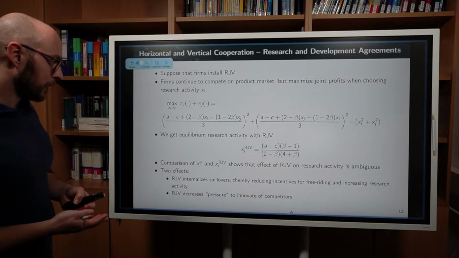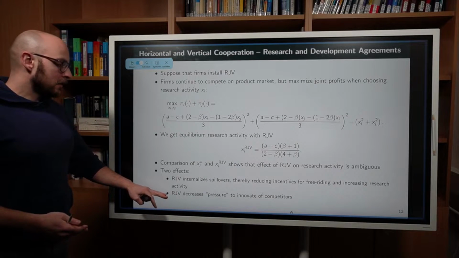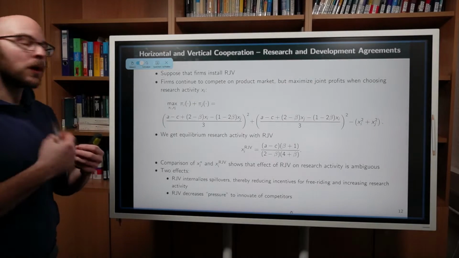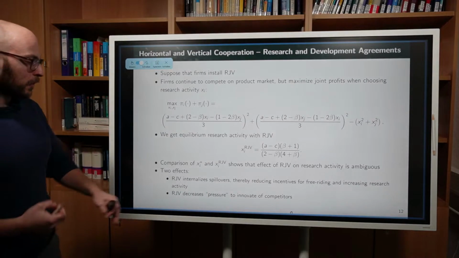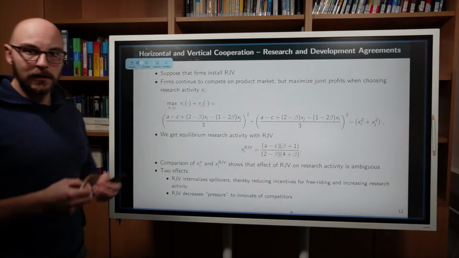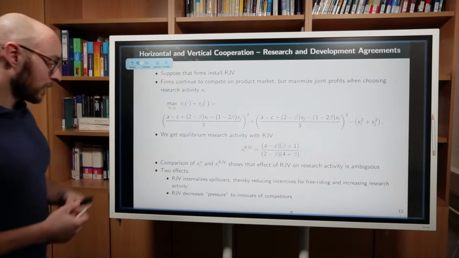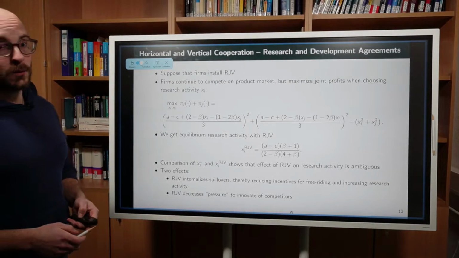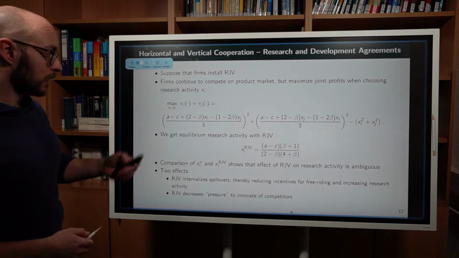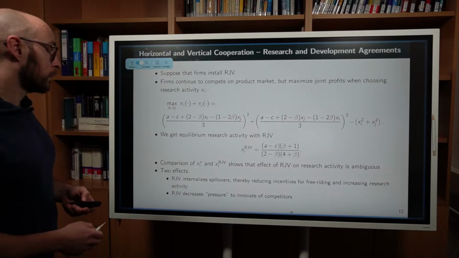That lifts X up. On the other hand, we take out some competition from the firms, which means that the pressure to innovate is lowered to some extent. Not perfectly, but it is lowered. And therefore, we have a detrimental effect to our X in equilibrium.